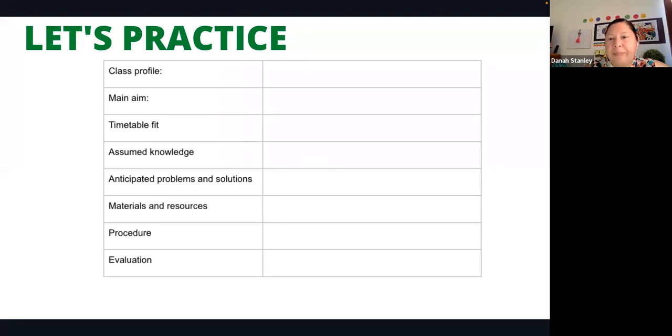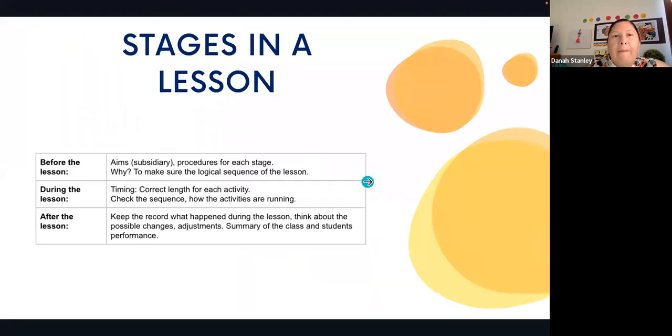In summary. I need to set also what I did or what I'm going to do before the lesson, during the lesson, and after the lesson.